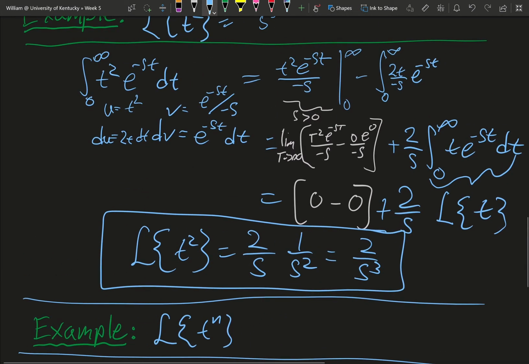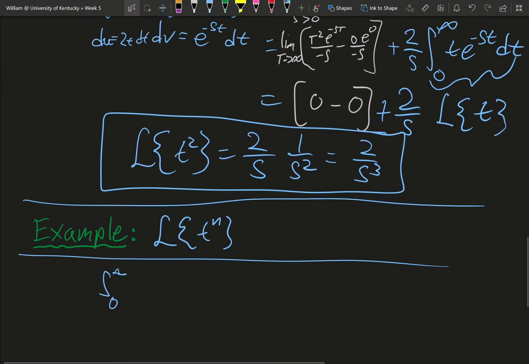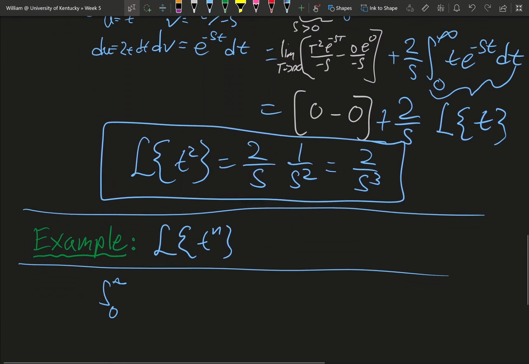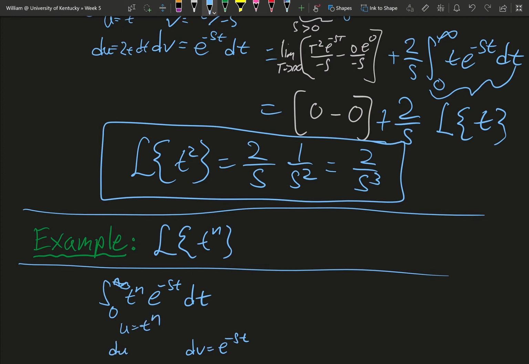And at the end, I'm only going to use one integration by parts, but I'm not going to get a final answer exactly. So again, u is t to the n, du is n t to the n minus 1.